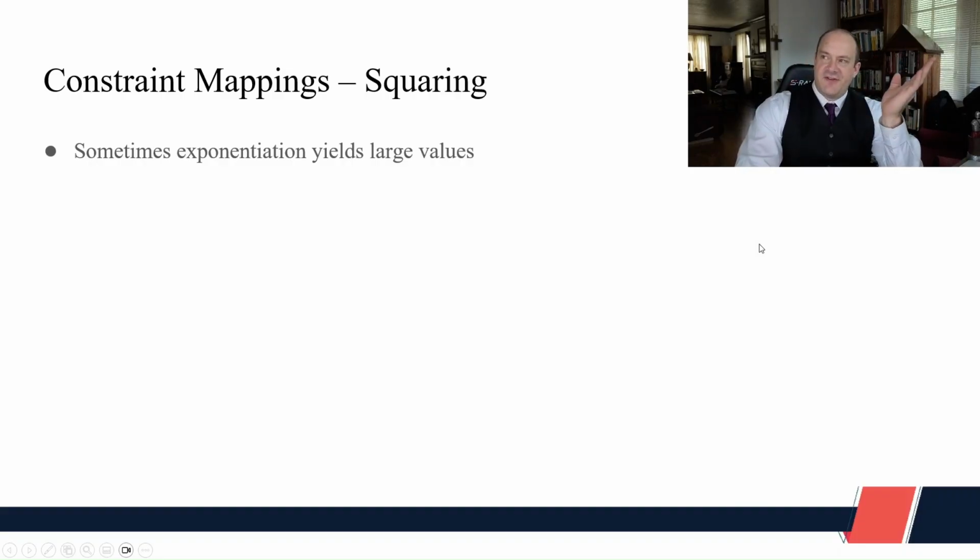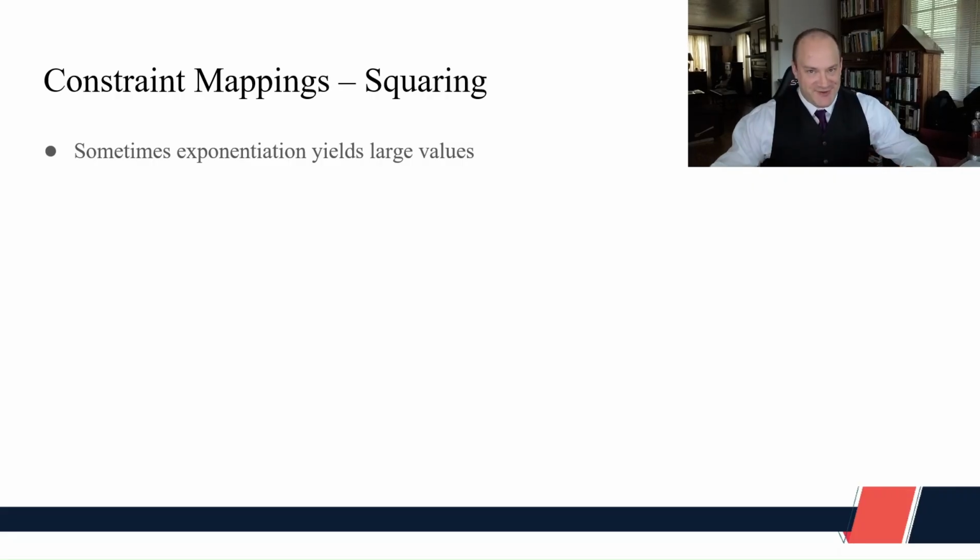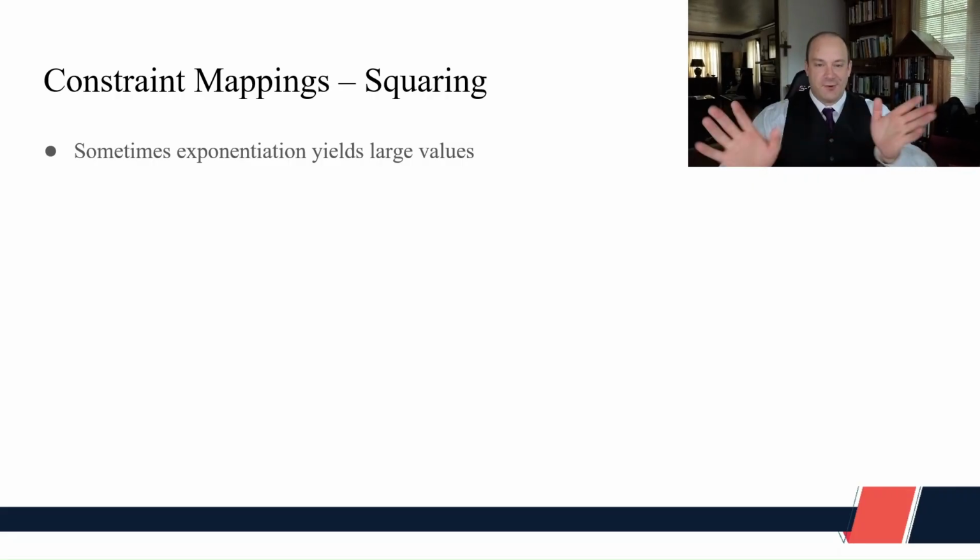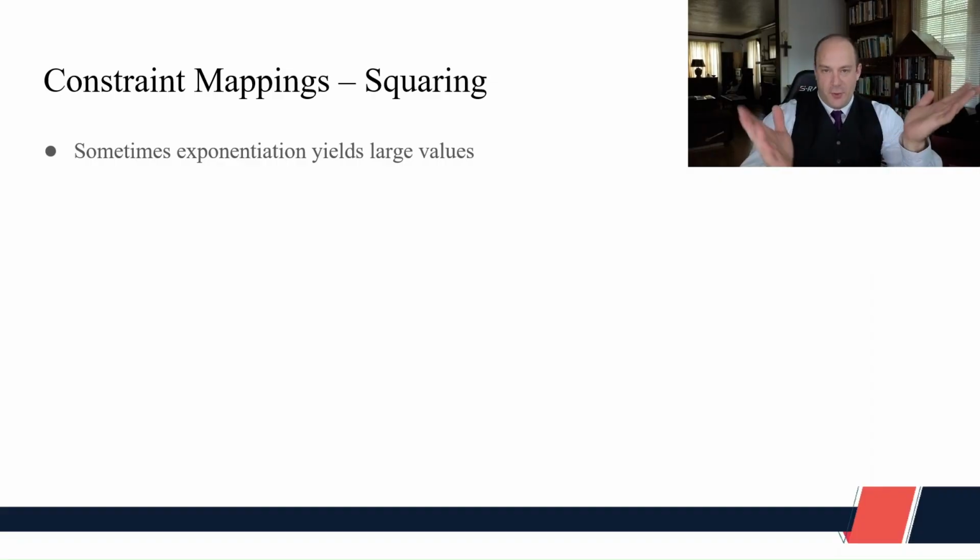There's something else to consider, which is that sometimes exponentiation creates large values, right? There's a reason we talk about exponential growth in hushed tones, right? Because stuff's growing real fast. And so although thus far we've been working on toy problems, exponentiation can yield some really large values. When I was using this in practice, I noticed I was sometimes getting errors thrown.